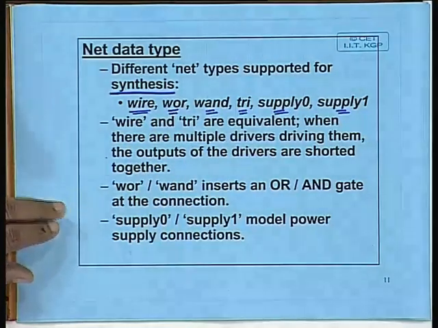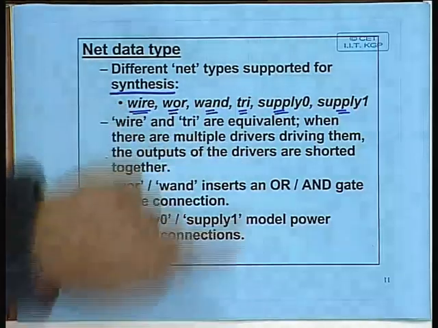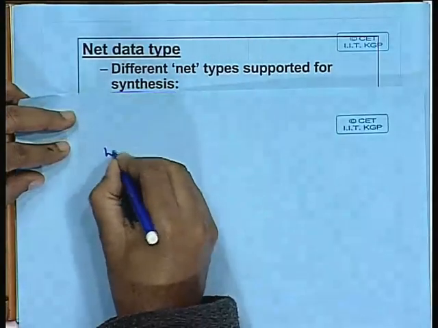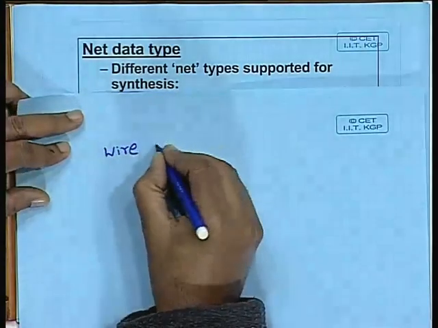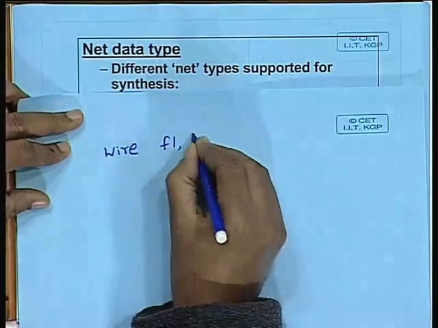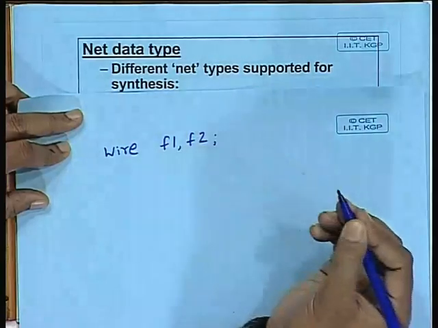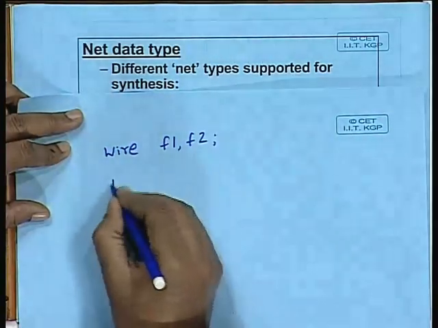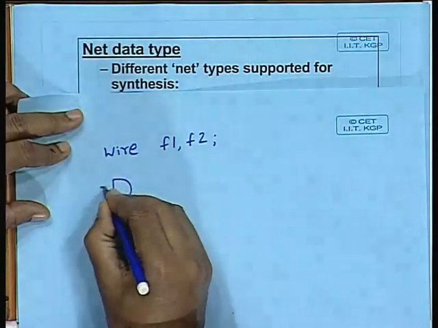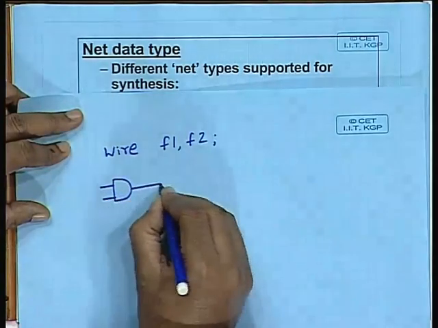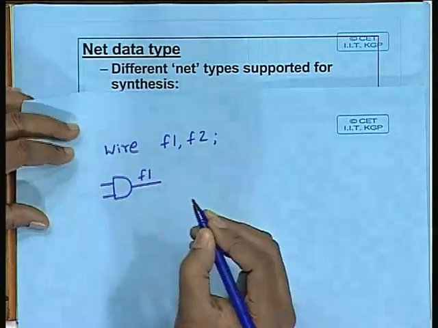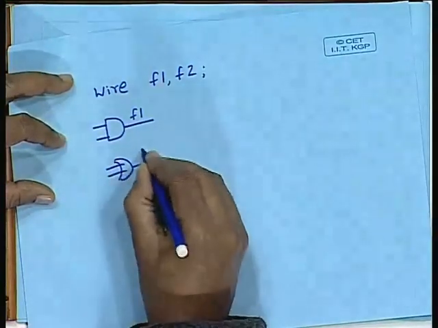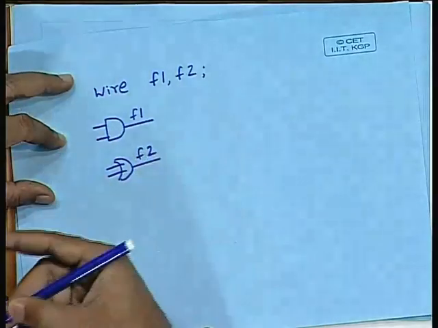The idea is like this: if you are using wire or tri-state, suppose you use a wire description, let us call it F1 and F2. I am just showing the diagram, I have not shown the Verilog code. You have a gate which is driving F1, and another gate which is driving F2. This kind of example we have already seen.